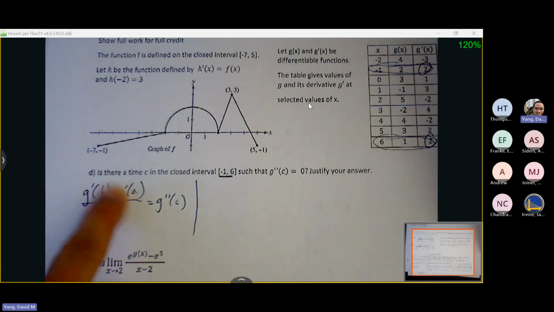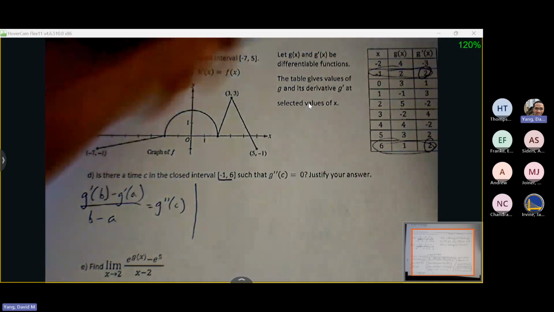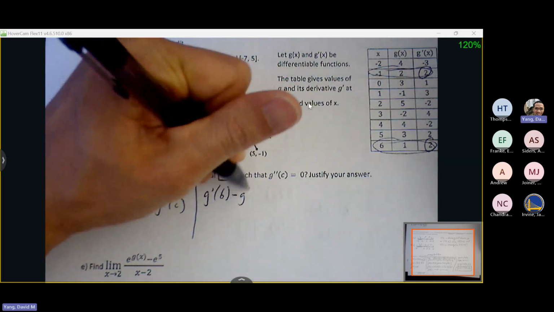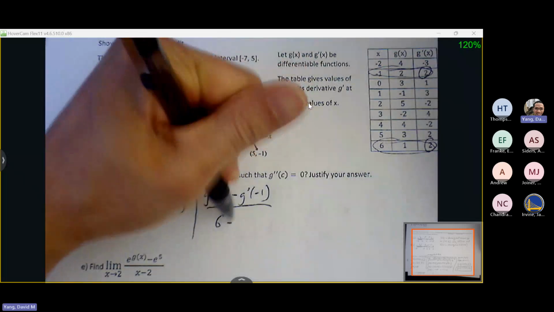So if the slope of the G prime graph is showing a value, then it must show up on the G double prime graph. So G prime of 6 minus G prime of -1 over 6 minus -1.